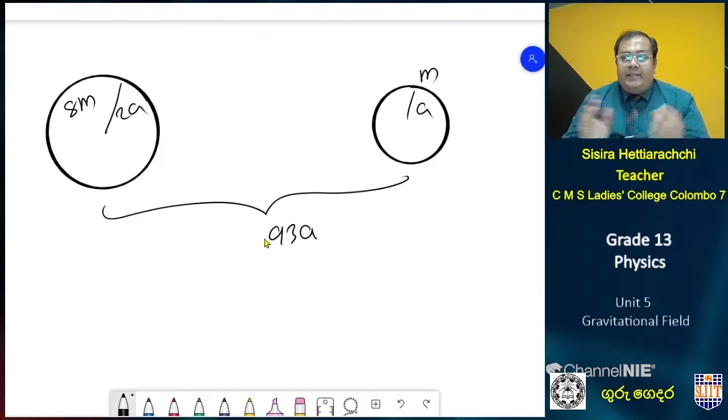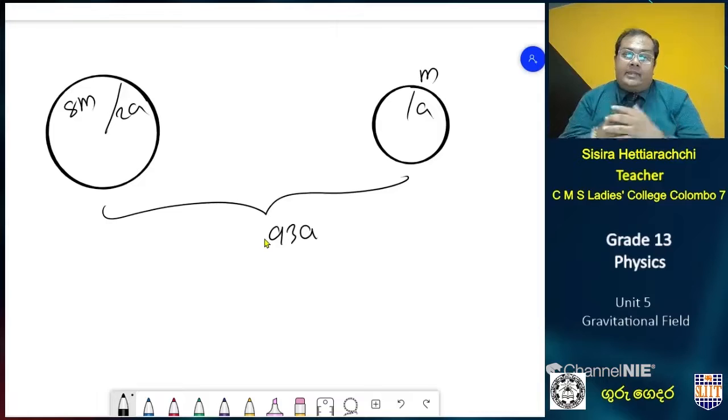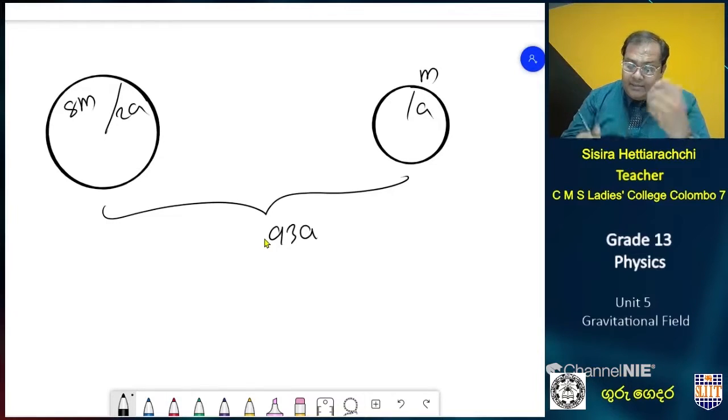Then when they collide, definitely the distances traveled should be in the opposite ratio. Why? The resultant force is always 0. Therefore, the momentum should always be 0. The small one, m, should have 8 times the velocity of the capital M. We can apply conservation of linear momentum. At the beginning it is 0.